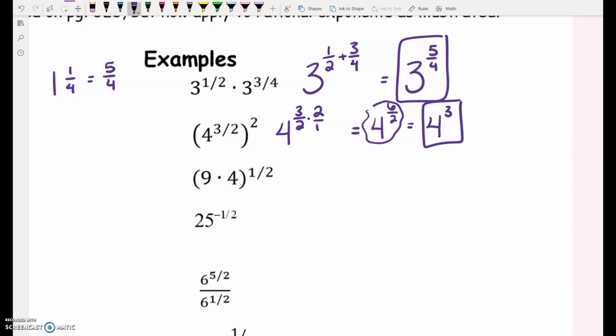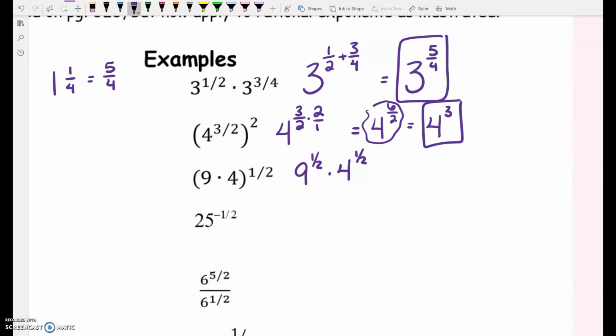The next one, this is 9 to the 1/2 and 4 to the 1/2. We actually could go further. Do you remember that 1/2 is the same as a square root? So the square root of 9 is 3, the square root of 4 is 2, and 3 times 2 is 6. On your assignment today, your answers are given to you as multiple choice.